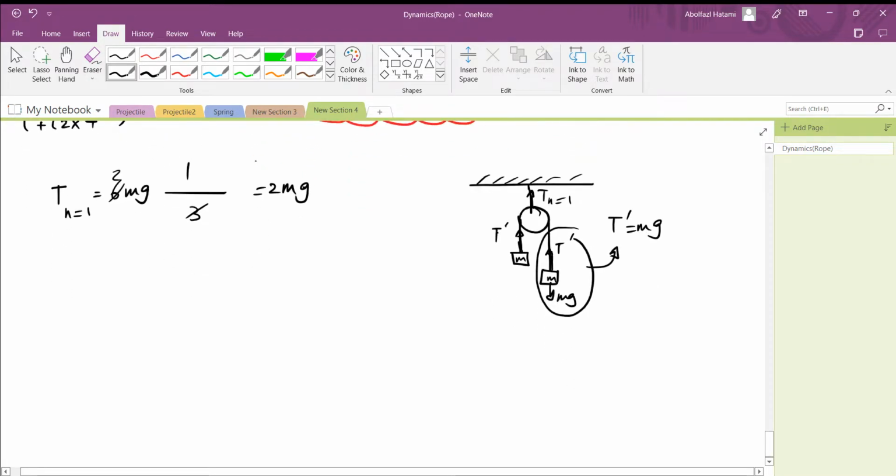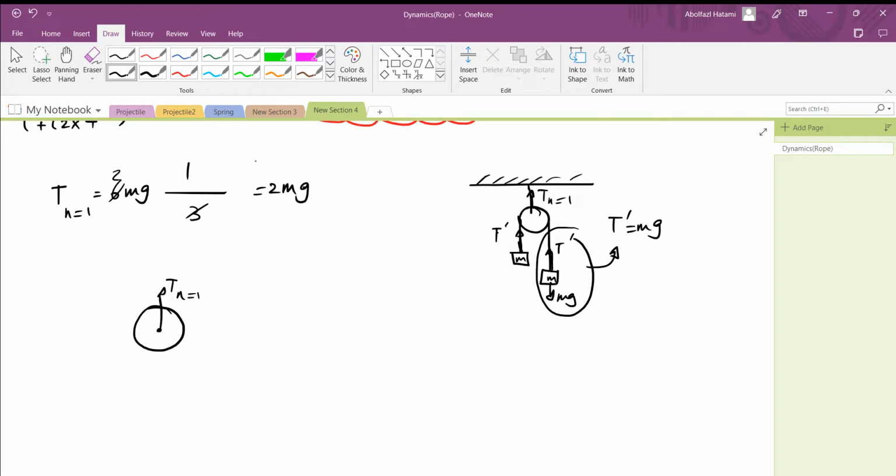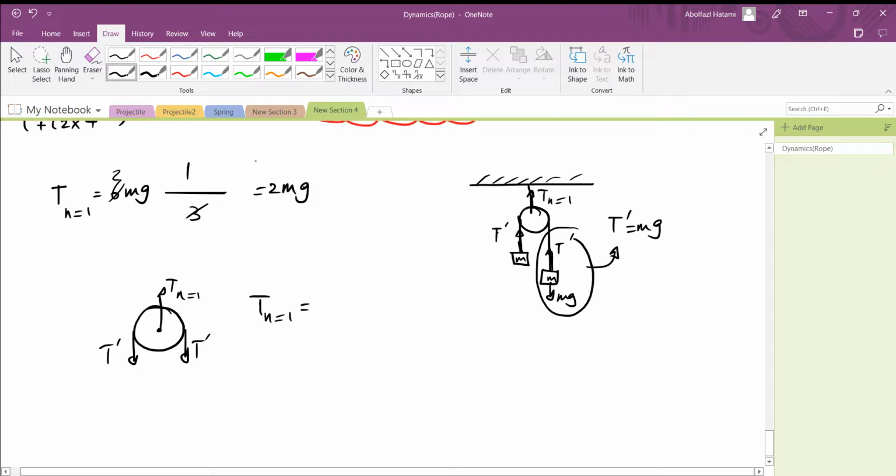And if I want to write the equation for the pulley, we have Tn equals 1 here, and 2 T prime here, one T prime on each side.